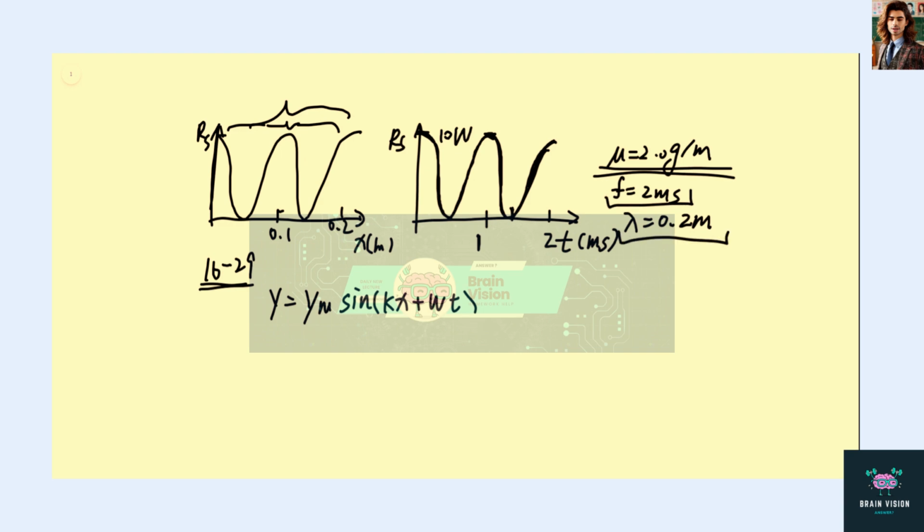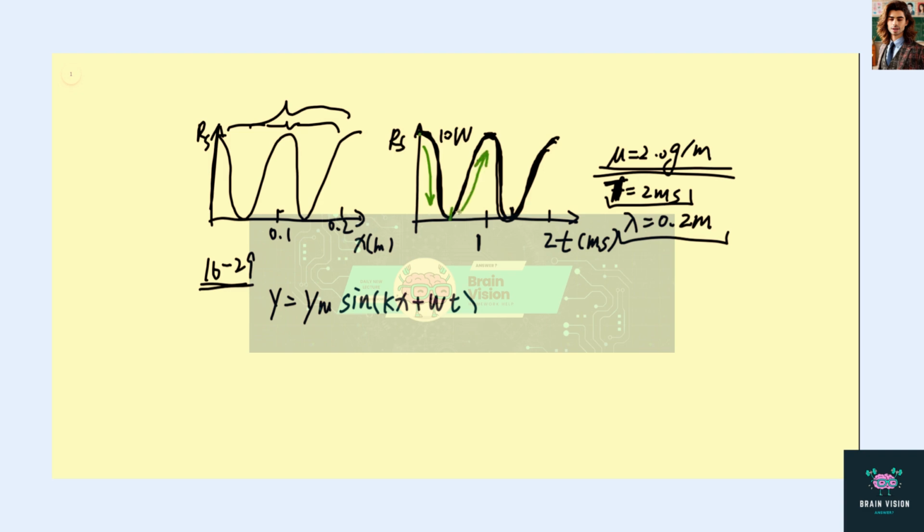One is that the period is 2 milliseconds, because this graph is one period for the wave. This process is going from maximum to equilibrium, and then it goes to a minimum.